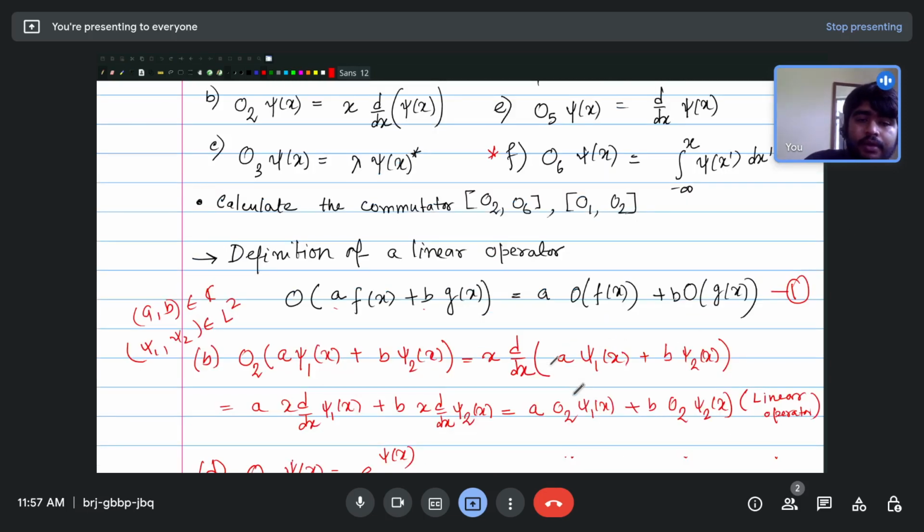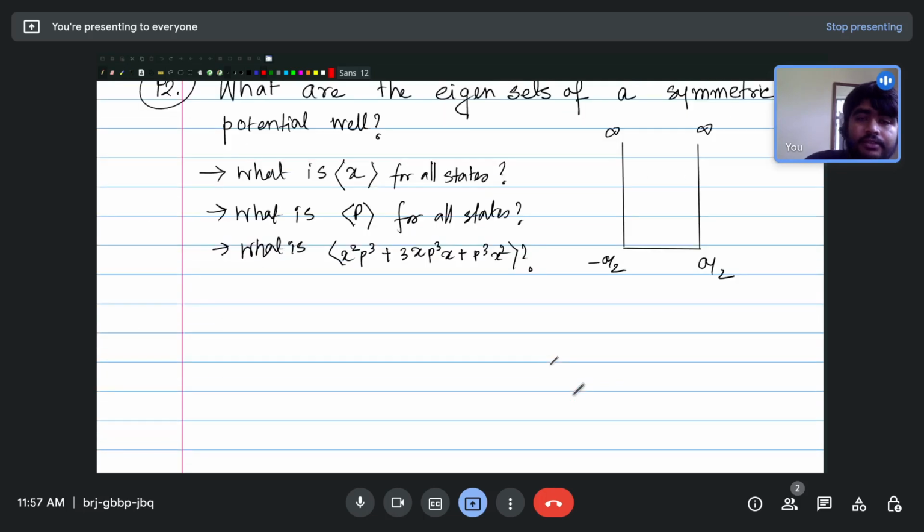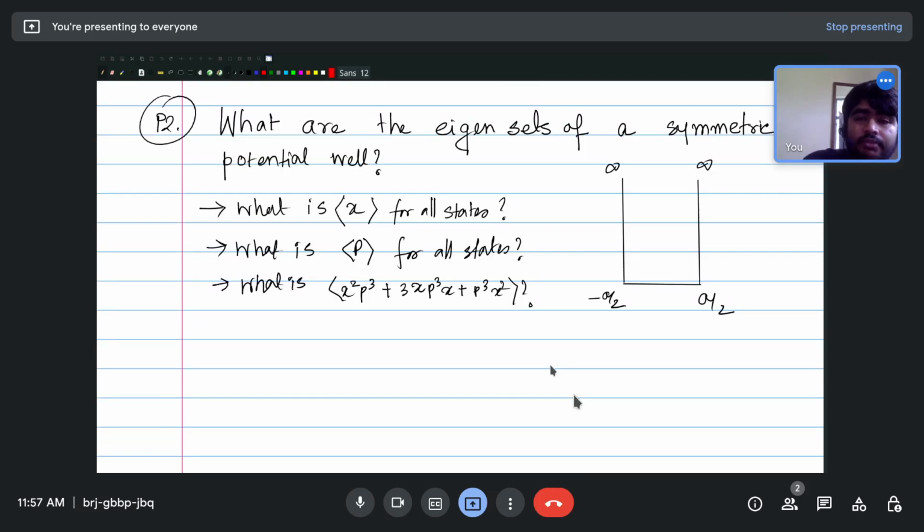Another problem I have in mind is: what are the eigenstates of the symmetric potential well? We have done a potential well which is not symmetric and goes from 0 to a.